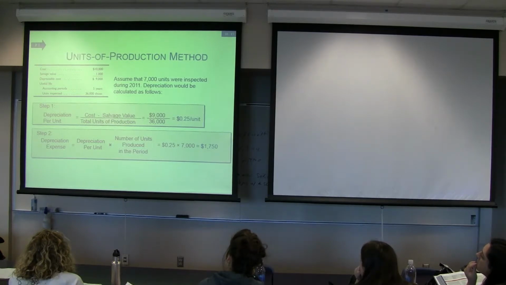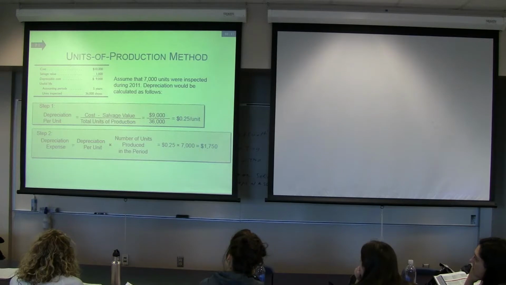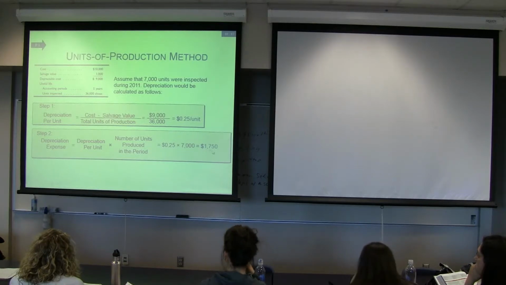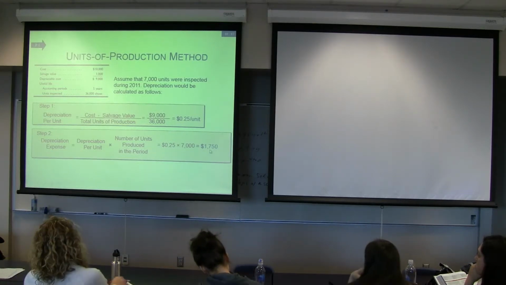The cost is 10,000, salvage value is 1,000, depreciable cost is 9,000. The accounting period is 5 years, that doesn't apply to this problem, that's the straight line. Units produced is 36,000 shoes. So, step one, we figured the depreciable cost, and then 7,000 units at 25 cents a unit. The depreciation expense is 1,750.